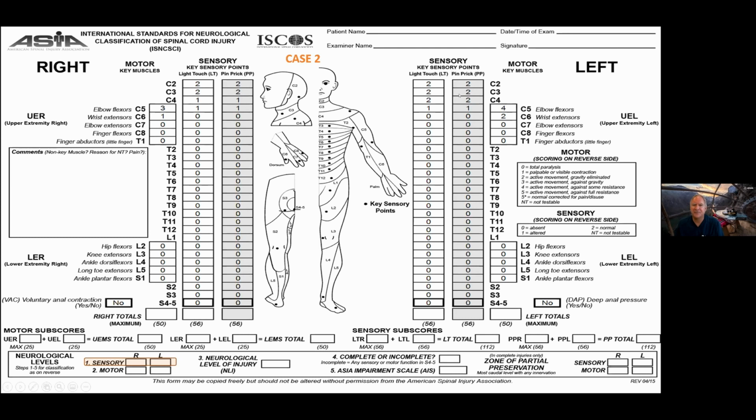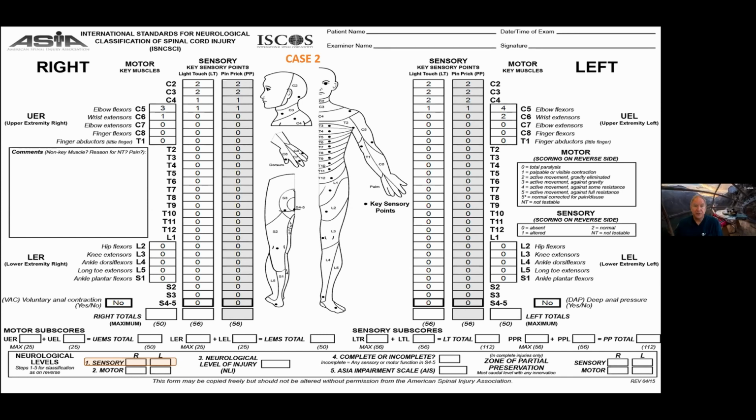What have you got on the left? C4 on the left. Are you sure? Yes. So if C4 is normal, then you have to assume that myotome is normal. That's a 5/5. So what would be your myotomal level on the left? C5 then. Okay.